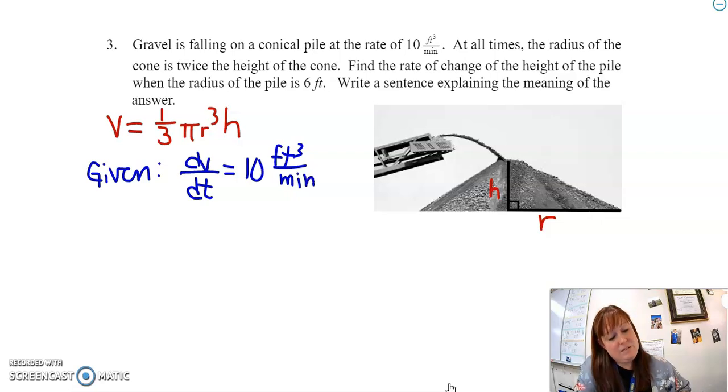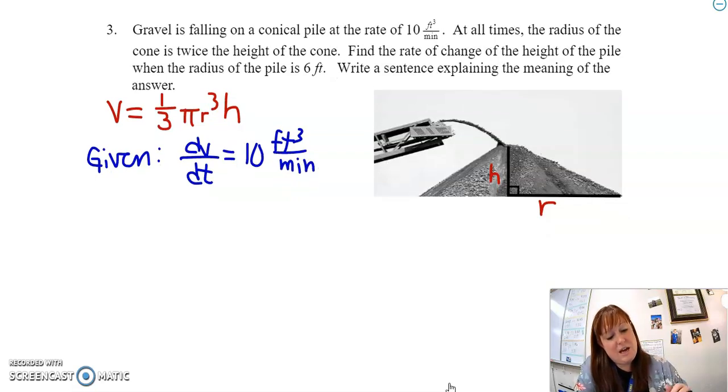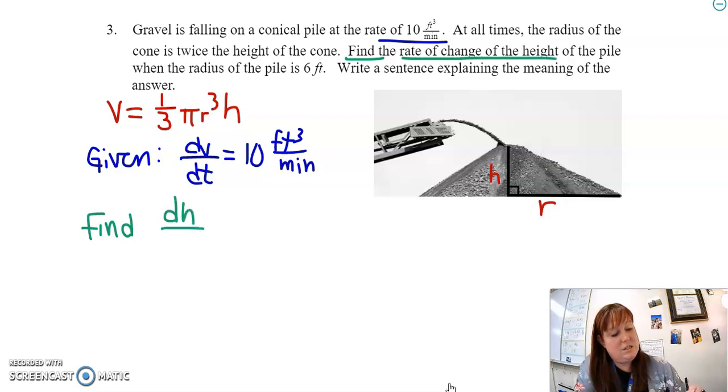And then it wants me to find the rate of change of the height. So there's our givens. Find dh/dt when the radius is 6 feet.